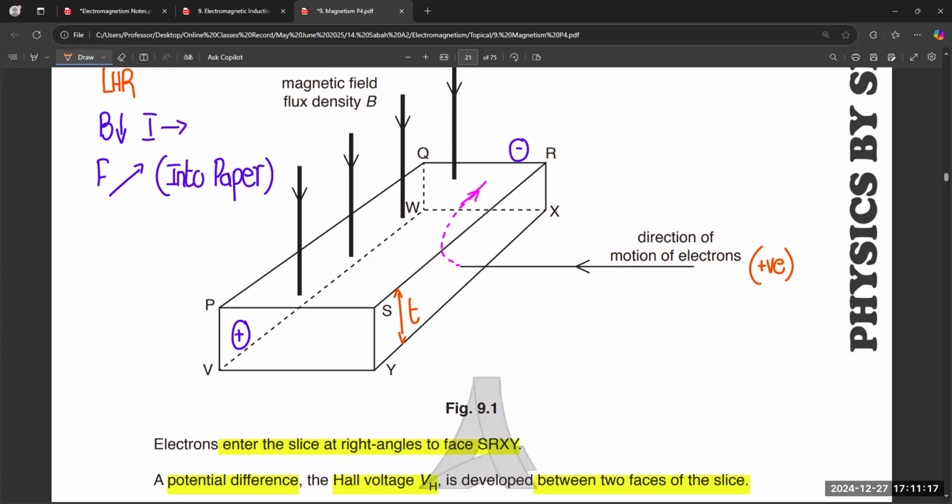I don't think there's going to be any change. Yes, there is only a change of direction. Now negative will be on the PSVY side.